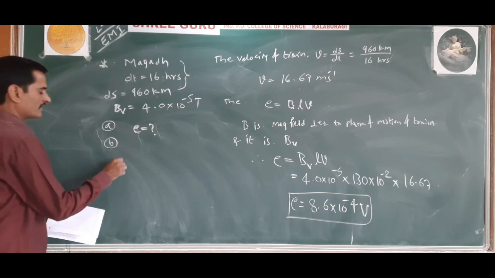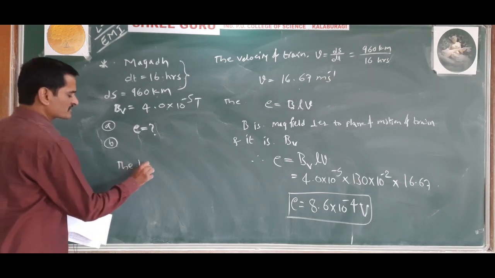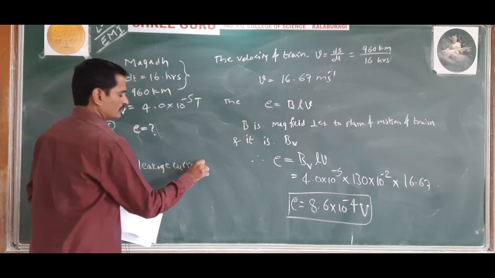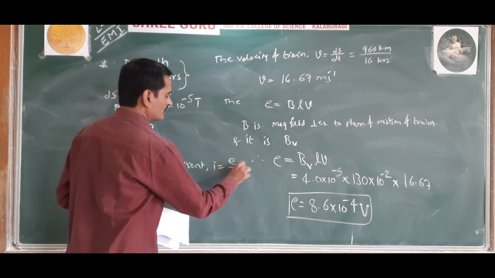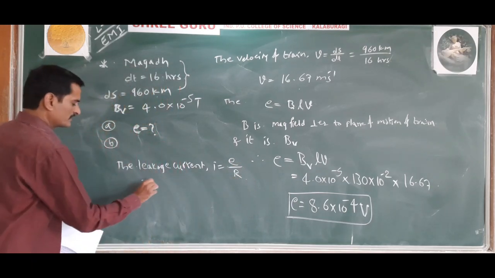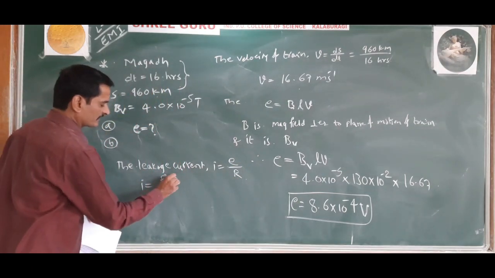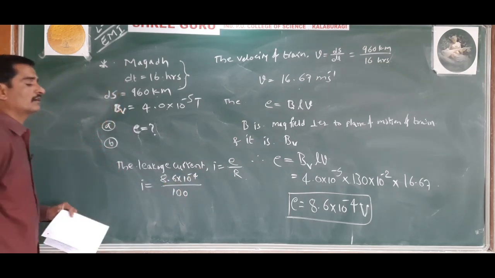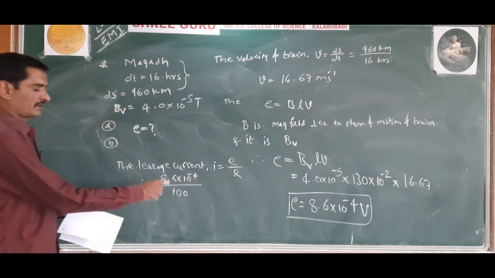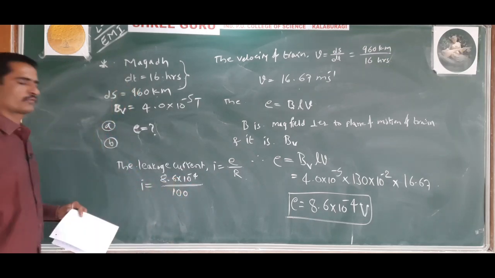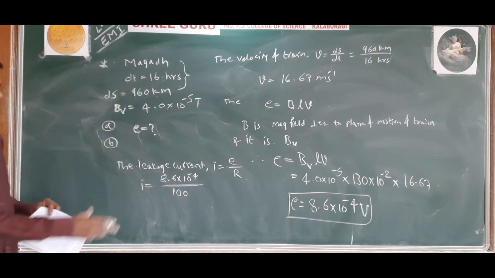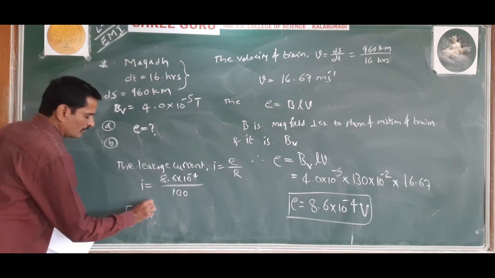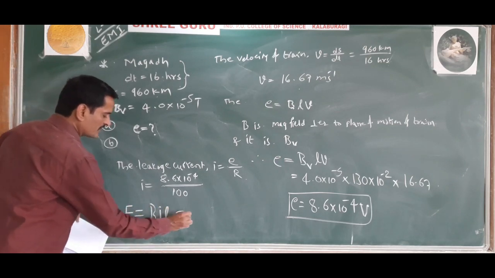I = E/R, so I = 8.6 × 10^-4 divided by 100. This is the current flowing through the width of the train. Then the force experienced by that conductor is F = BIL.